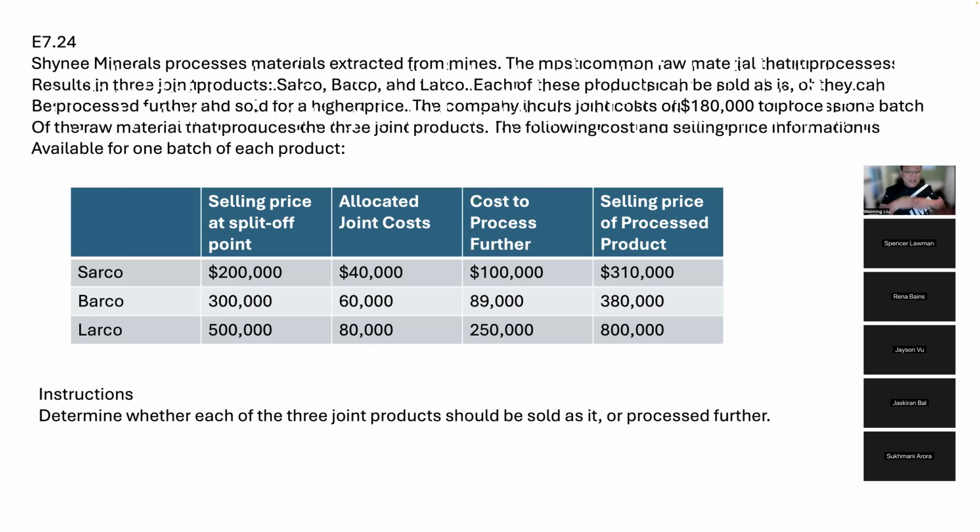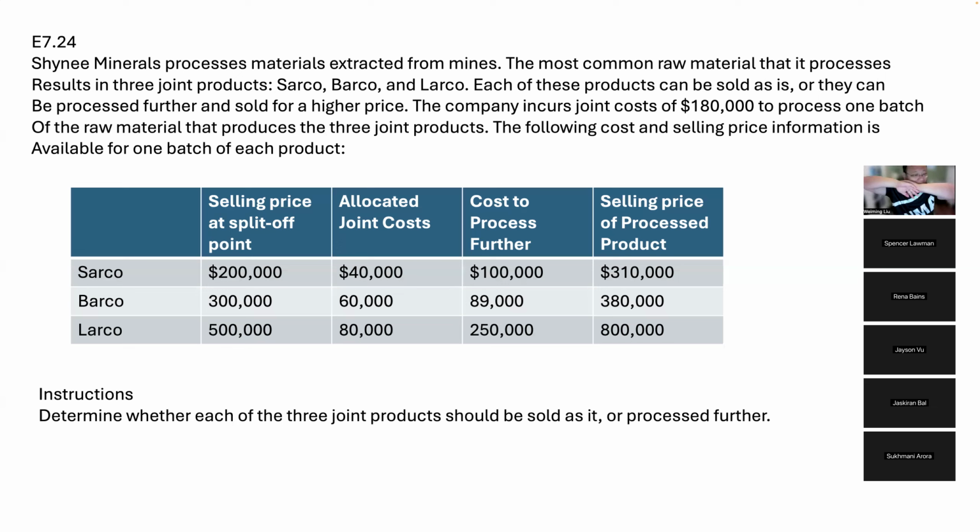So you can see on the table, I have the 3 different products on the rows, and on the columns, I have a selling price at the split off point, right? If you remember when I was doing the lecture, we talked about the split off point. At that point, the different joint products become independent.